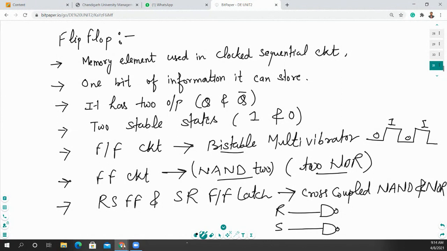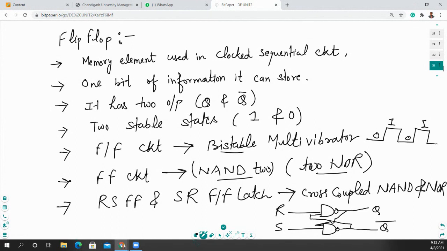Cross coupled means the output of the first NAND gate is applied to the input of the second NAND gate, and the output of the second is applied to the input of the first. This gives you Q, and this gives you Q bar.